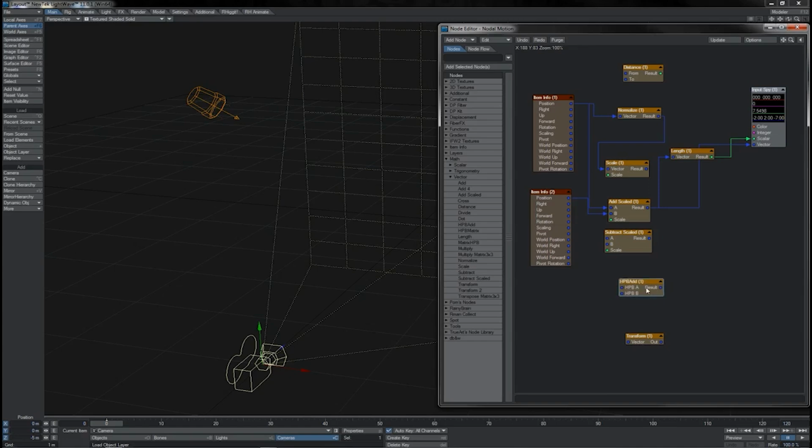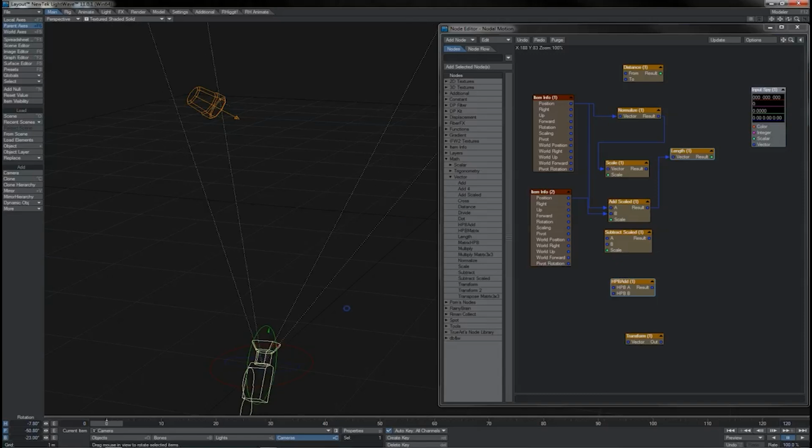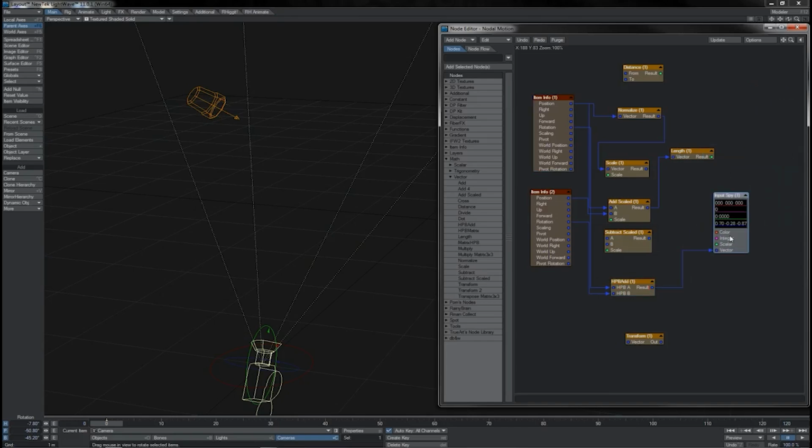HPB add, this is for adding rotational vectors to one another. If I grab the camera here and just sort of spin it around somewhere, then I can grab the camera's rotation and also the light's rotation there and take a peek at that result, basically adding up two different rotation values onto one another. The reason that we use the HPB add is because you will get a different result to a regular add.